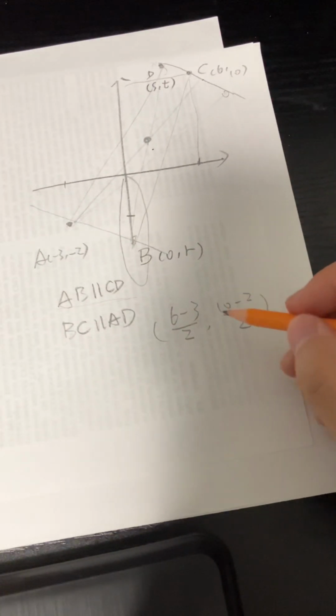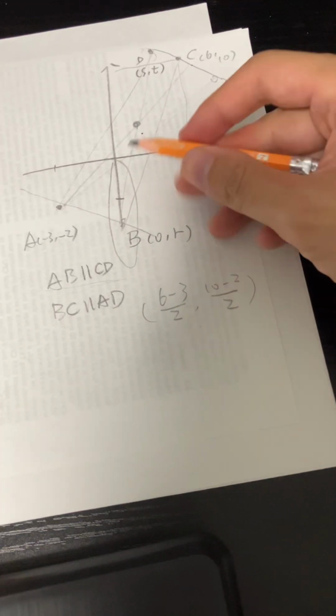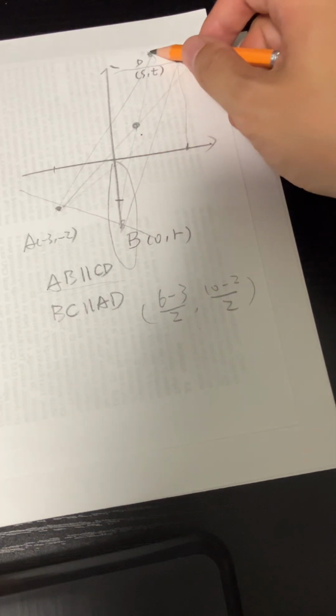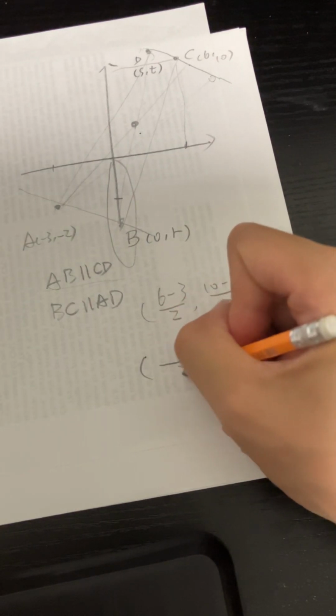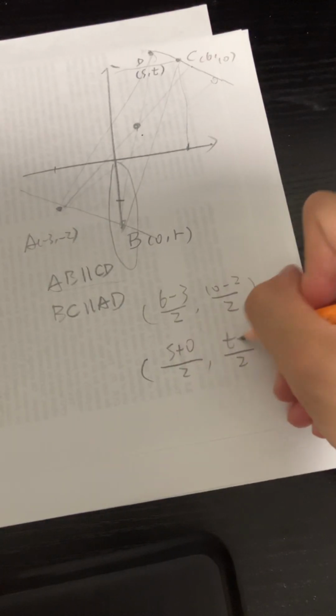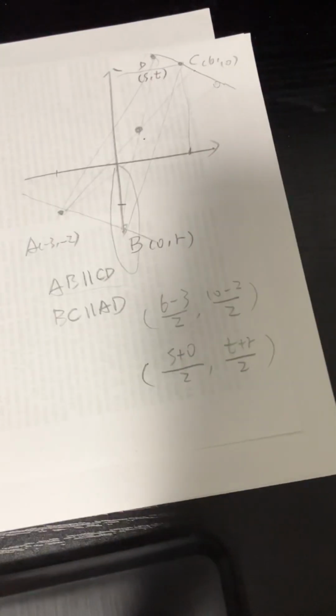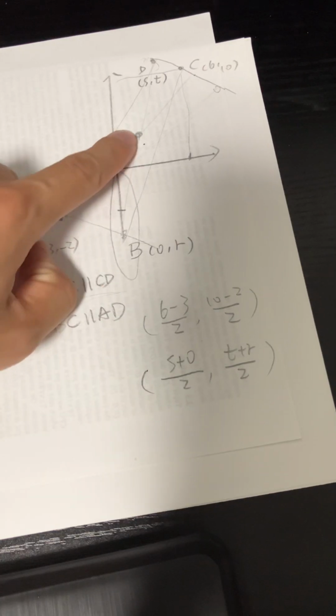This is the midpoint of AC because AC is known. From another perspective, BD's perspective, the midpoint of BD would be half of S plus 0 and half of T plus R. This is another way to express the coordinates of this exact same point.